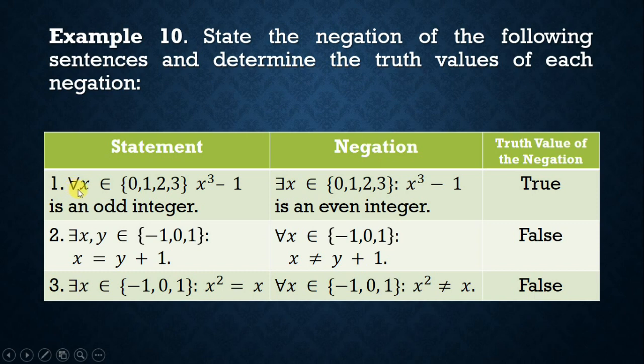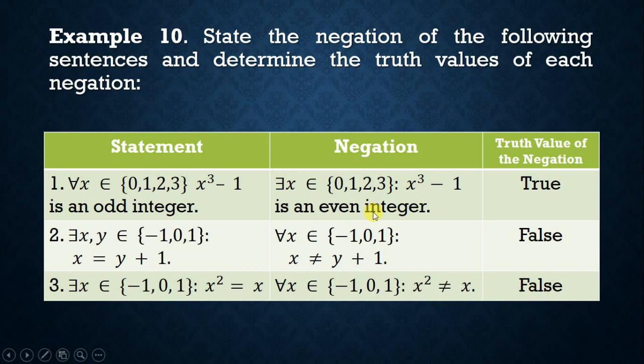Number 1, for all x element of the set containing 0, 1, 2, 3, x cubed minus 1 is an odd integer. And the negation of this statement is, there exists x element of the set containing 0, 1, 2, 3 such that x cubed minus 1 is an even integer.